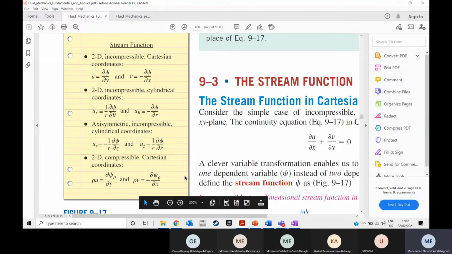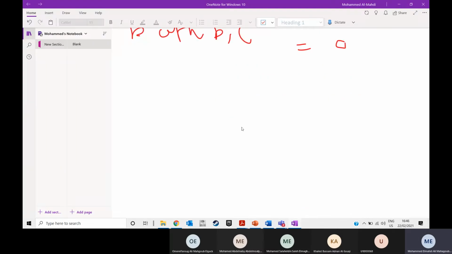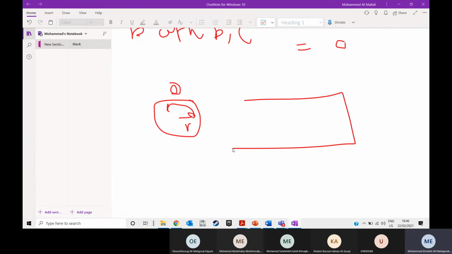Look, there is a row here. So which case do we have? We have this case, the 2D cylindrical coordinates. The difference between axisymmetric and cylindrical: in normal cylindrical you have theta and you have r radial. Axisymmetric is like this: you have the radial here and you have the z here.